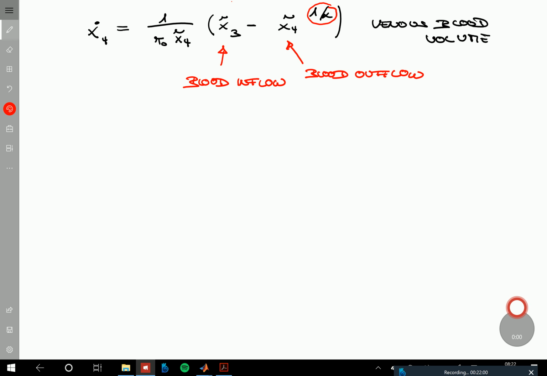Then the interpretation of this parameter alpha is the stiffness of the whole thing. So if it's high, then the whole thing is very stiff, and this balloon effect doesn't really play a role. If it's very low, then it's fairly flexible, and this balloon effect plays a larger role.